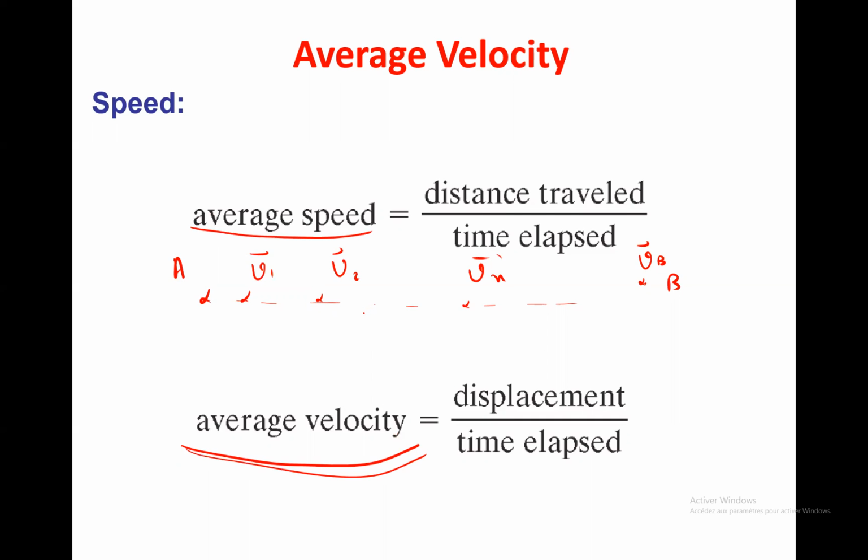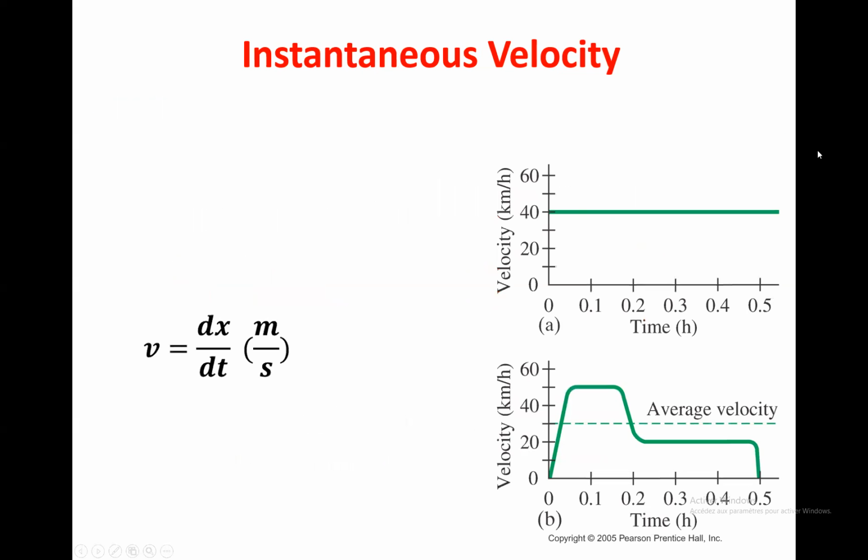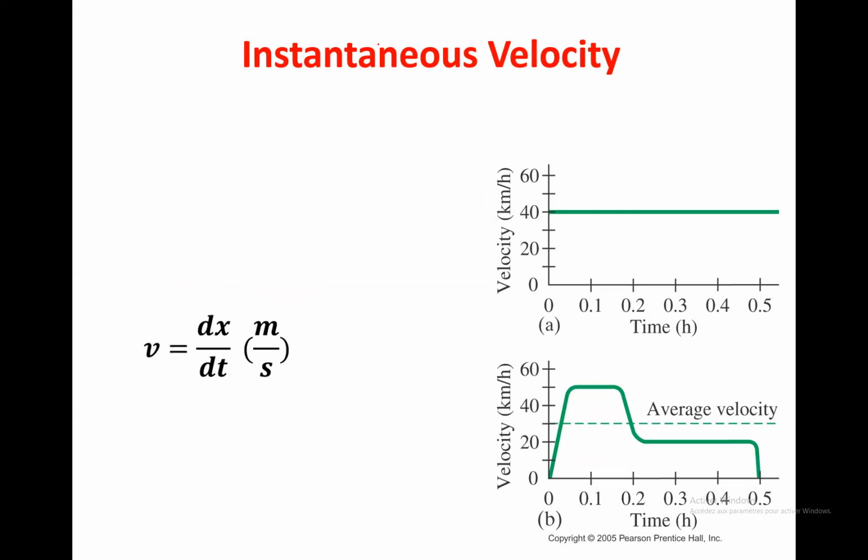But when we talk about the instantaneous velocity, I mean I have to calculate the velocity at one point. So here I am going to calculate the velocity v at a special point, at the point A, at the point B, at any point.